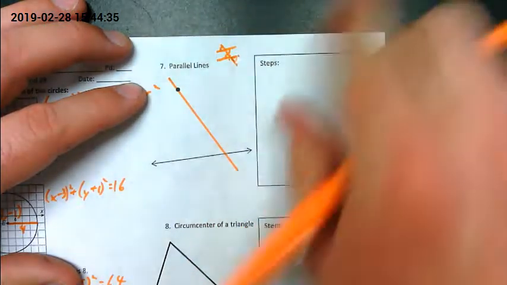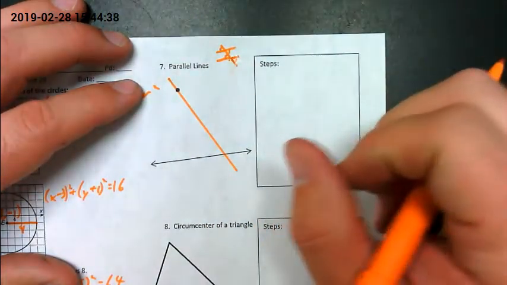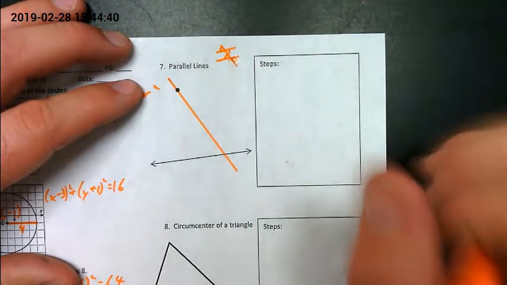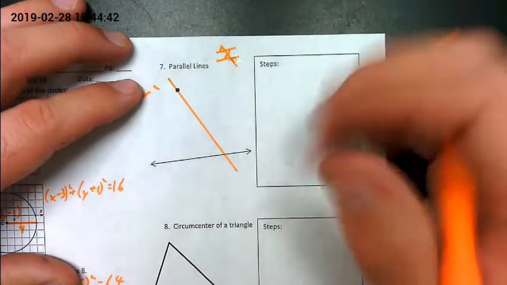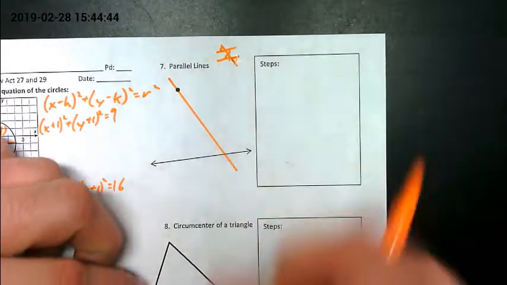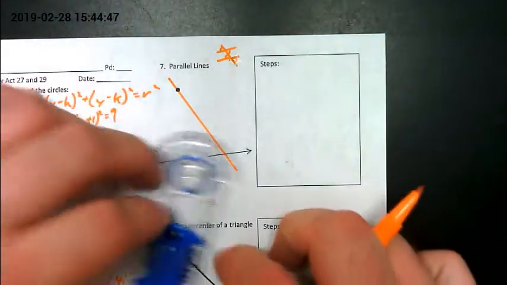So, you had something like that, right? Alternate interior angles are congruent, corresponding angles are congruent, and alternate exterior angles are congruent. I'm going with alternate interior angles. That's what I did in our notes, and that's how I'm doing this one.